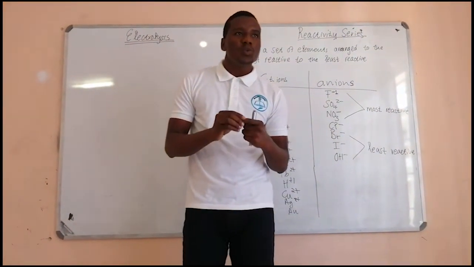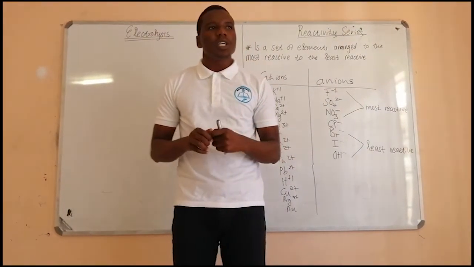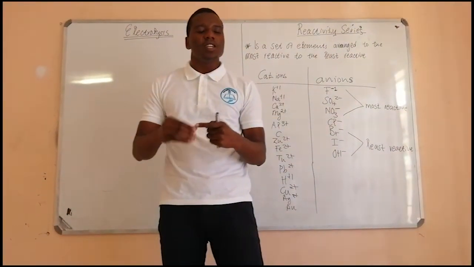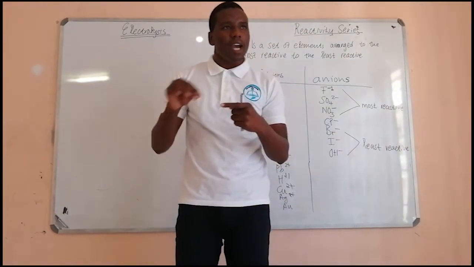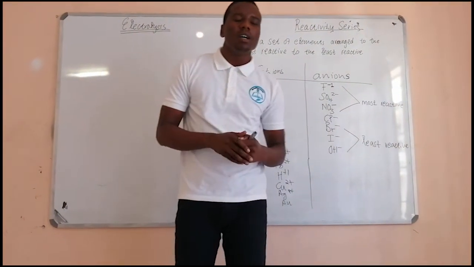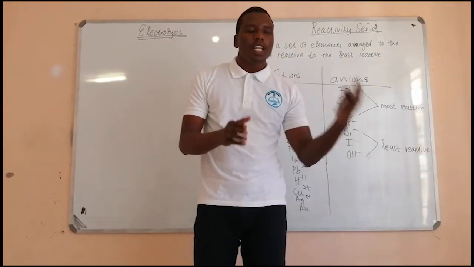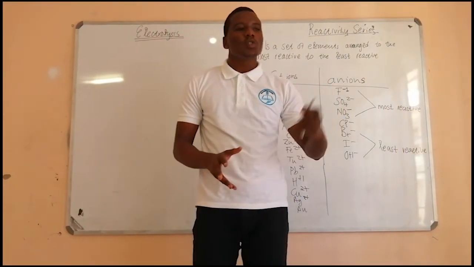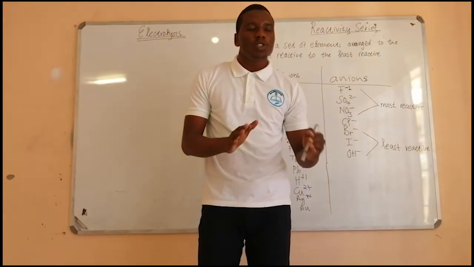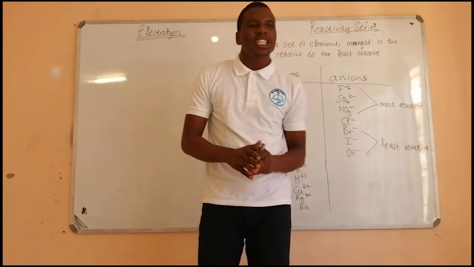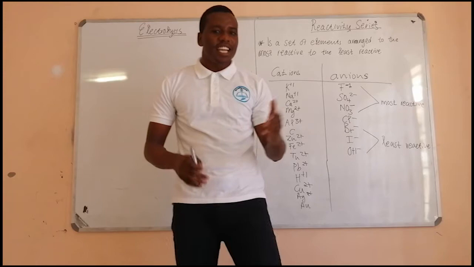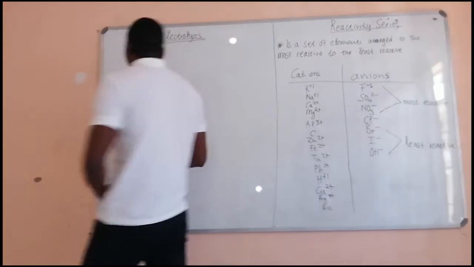Then we talk about the two terminals which conduct electricity, which are the cathode and the anode. Then we talk about the different kinds of electrodes that we have, which are the inert electrodes and the reactive electrodes. Now, let's start. Okay.